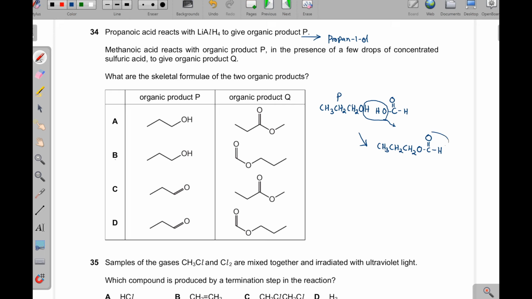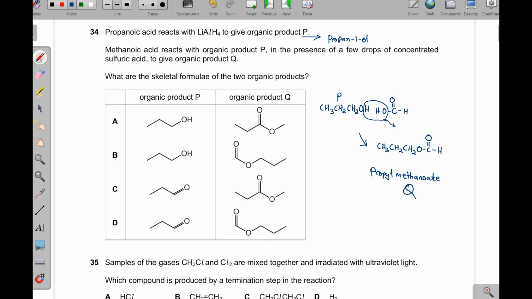The alcohol group is this one here, which is propyl, so we shall say propyl. Then this one, methanoic acid, so we shall say methanoate. Methanoate. That is our Q.